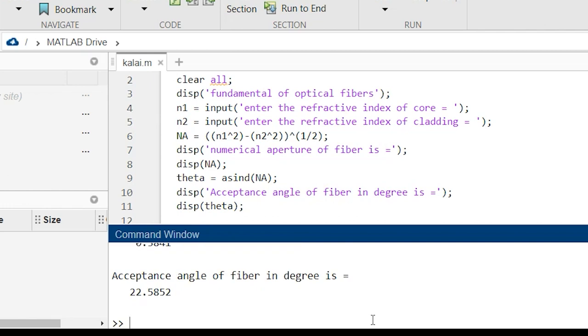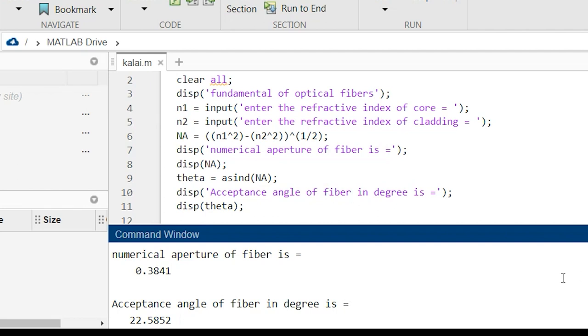So if we enter both the values, finally it gives the numerical aperture of fiber as 0.3841 and the value of acceptance angle as 22.5852.